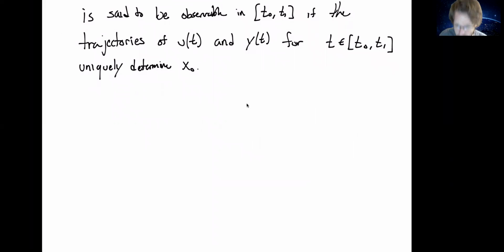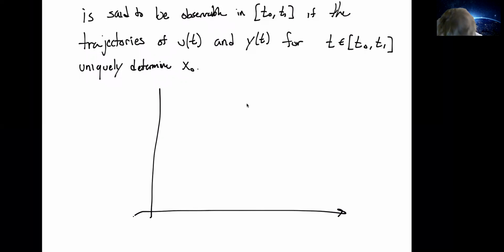Okay, so now what does this look like? Let me see if I can draw it here. If we have a time trajectory, this is t on the x-axis, this is x on the y-axis, or x of t. We start with an initial condition here, x naught, at some initial time, t naught. So we have this initial condition right here.